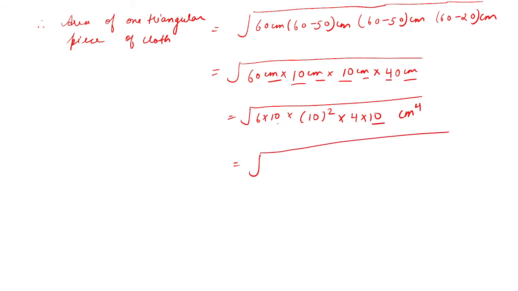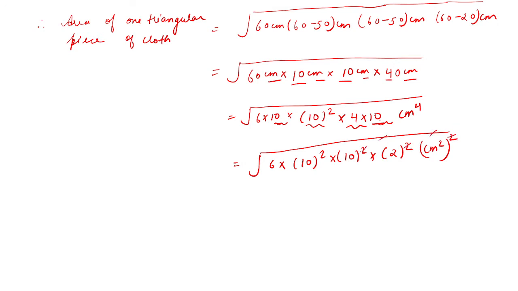You put 6 here. Then 10 and 10 become a pair, right? This 10 and this 10 become a pair. Then you have this 10, so 10 square. And what is this 4? Can I write it as 2 square? And can I write centimeter 4 as centimeter square, the whole thing square, right? So you can just cancel them out.